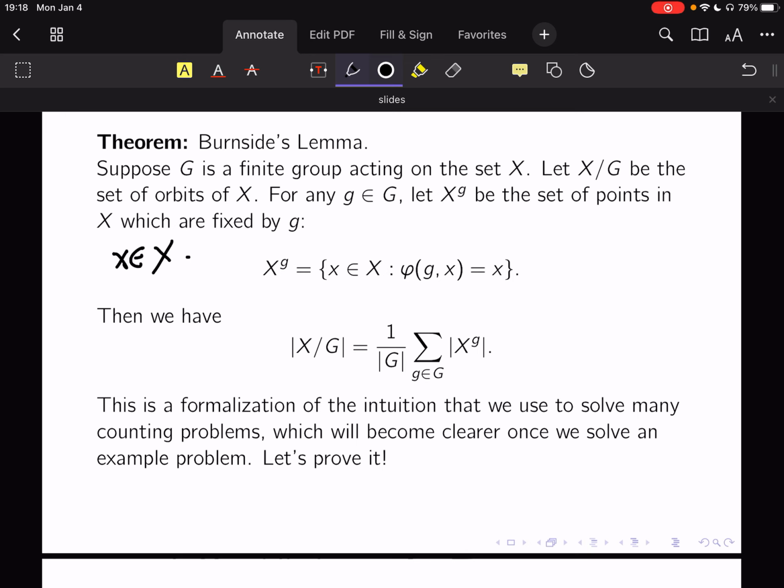So this is the set of fixed points. But instead of the transformations, now it's based on, for each transformation, what points are fixed by the transformation, instead of the other way around, which was the stabilizer.